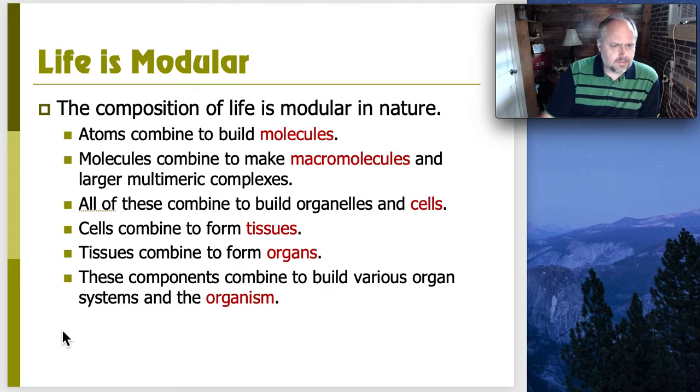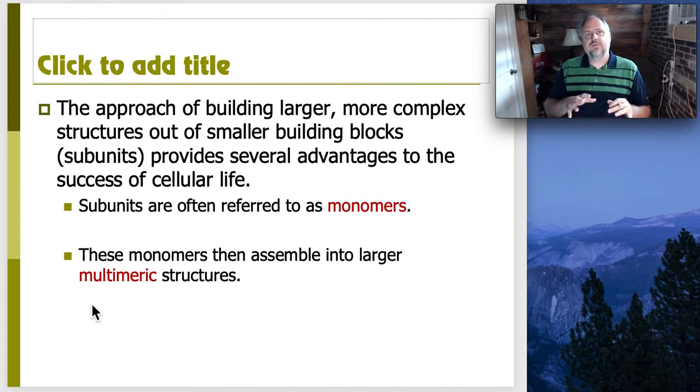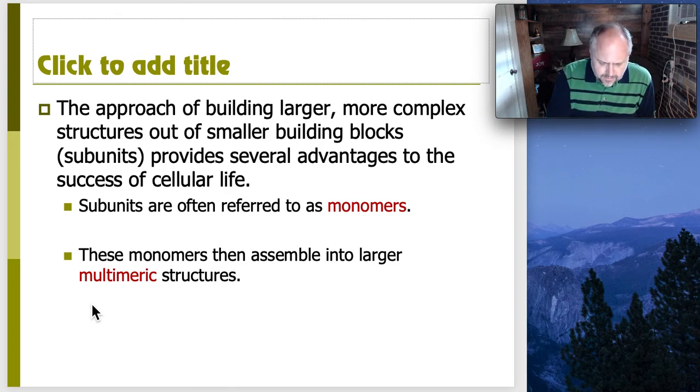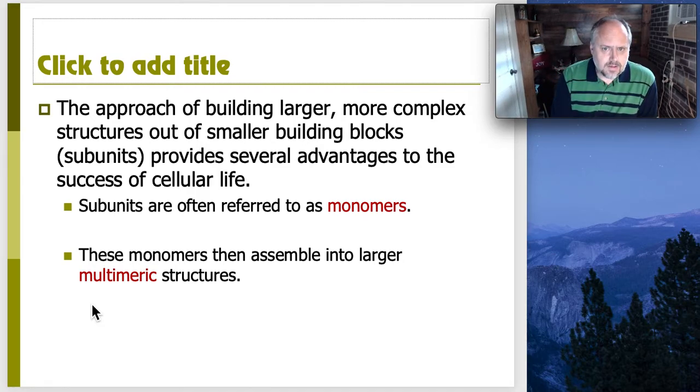The neat thing about this way of building life is that it's very versatile. It allows you to do a lot of different things and do so in a fairly energy efficient and resource efficient way. The complex structure is generally going to be built out of something smaller, like a building block, what we might call a subunit.